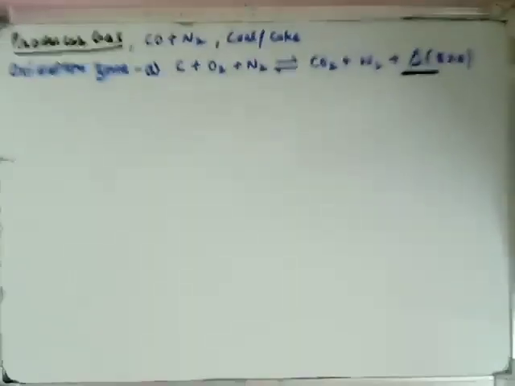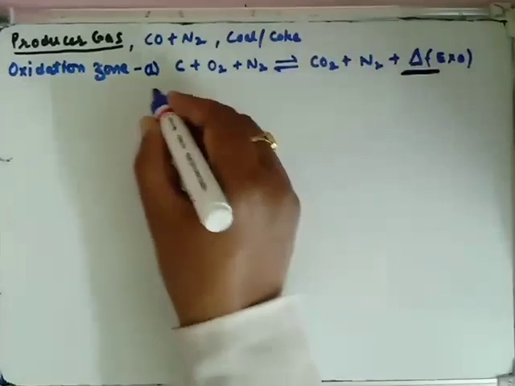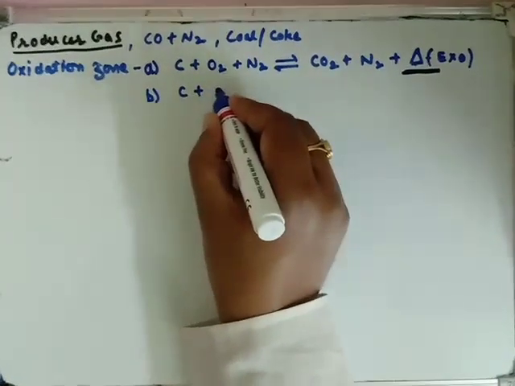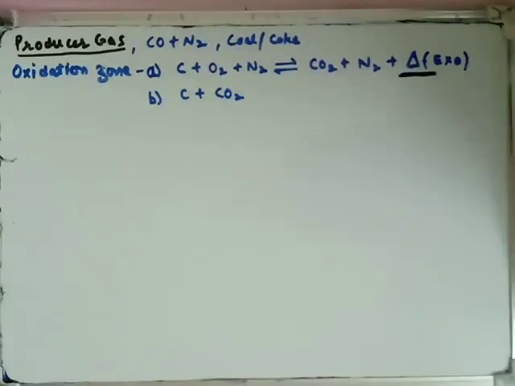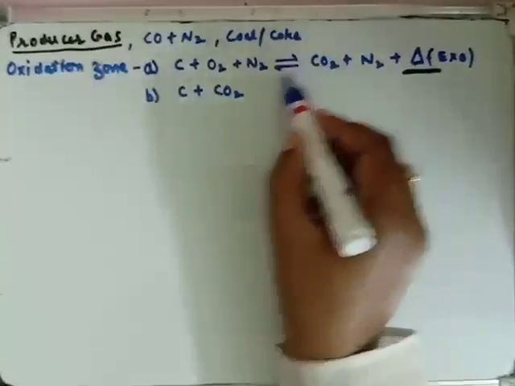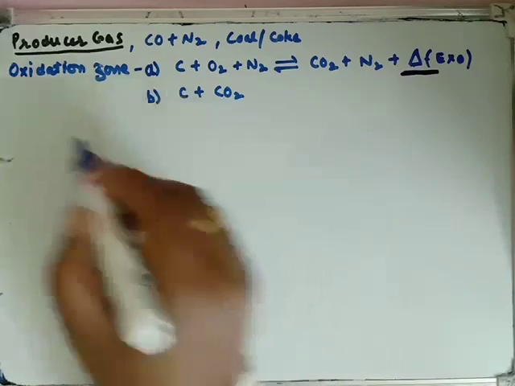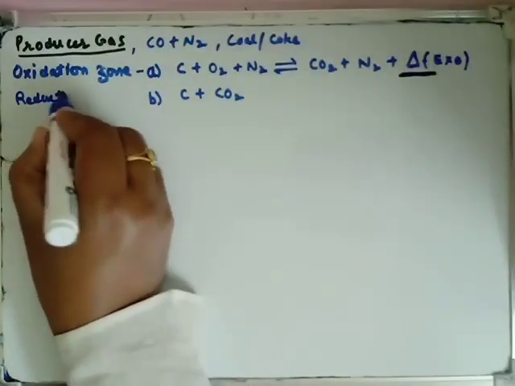And the first reaction which takes place in the reduction zone is reaction of carbon with carbon dioxide produced in the oxidation zone. The carbon dioxide produced in the oxidation zone reacts with carbon present in the reduction zone, right?